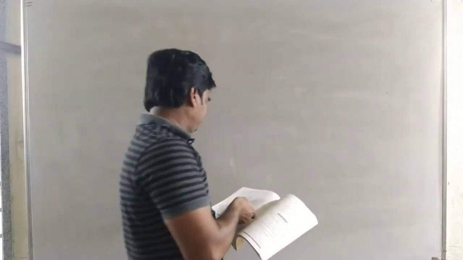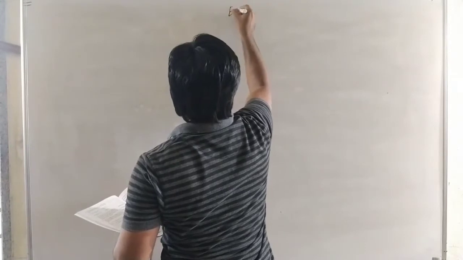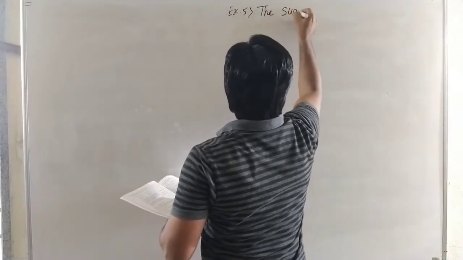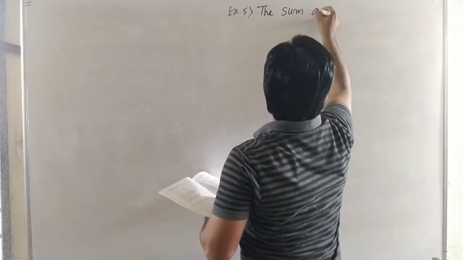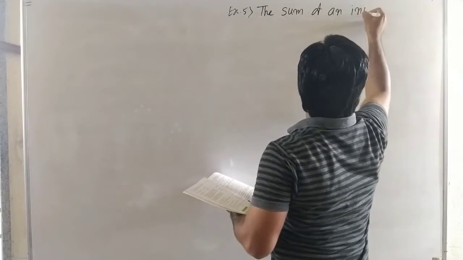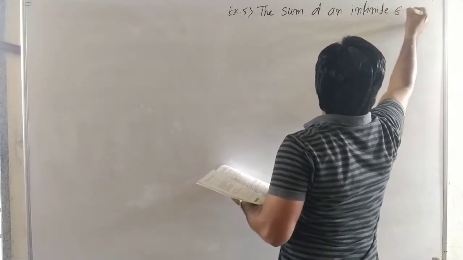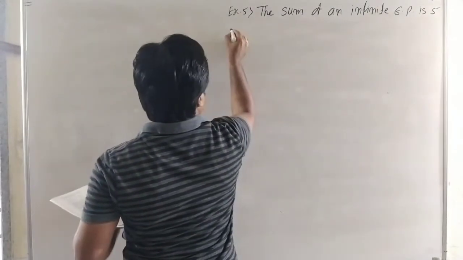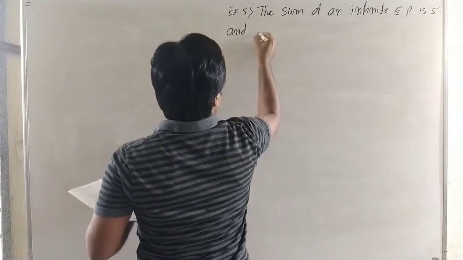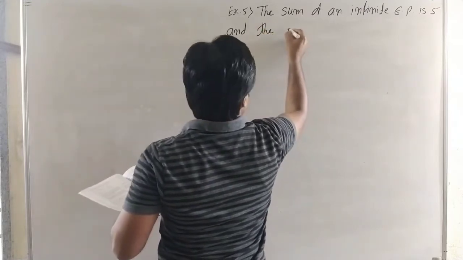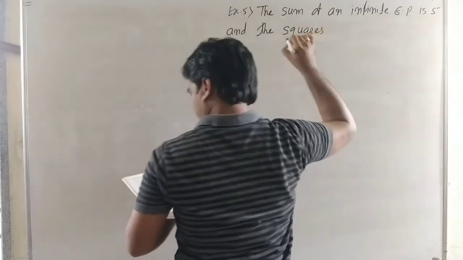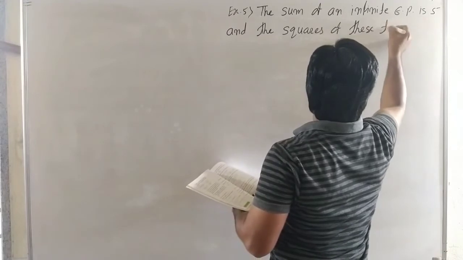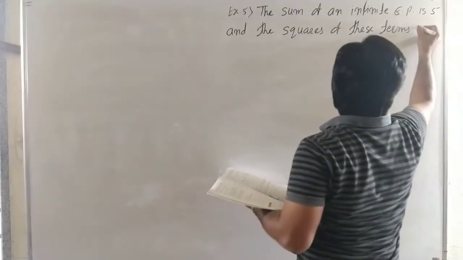Now, next example number 5. The sum of an infinite GP is 5, and the squares of these terms, square of these terms is 15.